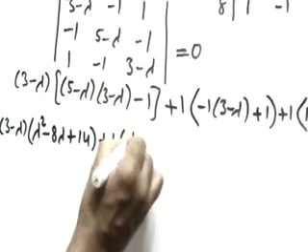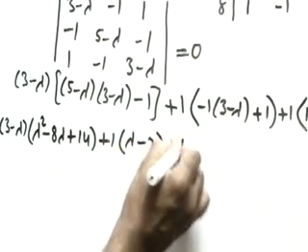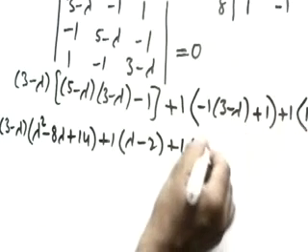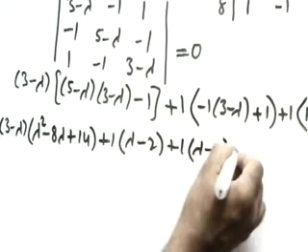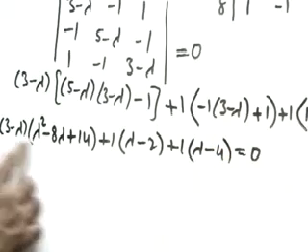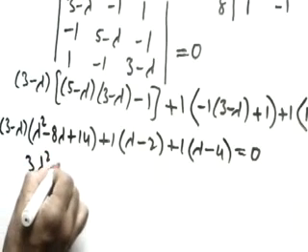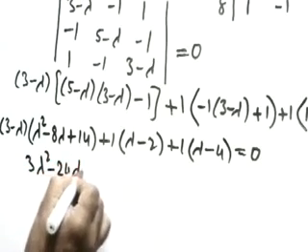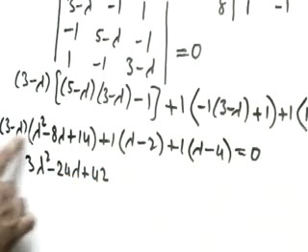Plus 1 into minus into minus plus lambda minus 3 plus 1 minus 2. Plus 1 into minus into minus plus lambda minus 5 plus 1 will be minus 4, equals 0. Now you multiply with 3. 3 into lambda square is 3 lambda square, minus 3 into 8 is 24 lambda, 3 into 14 is 42.